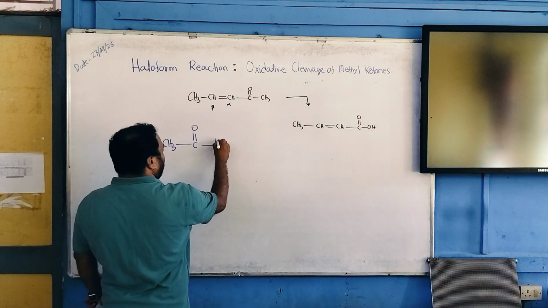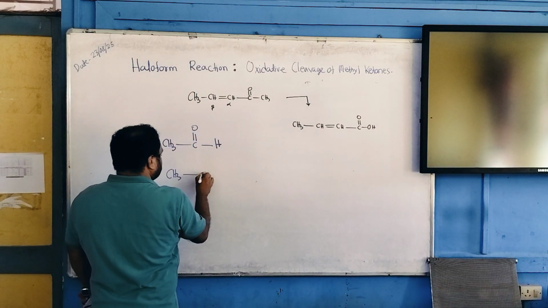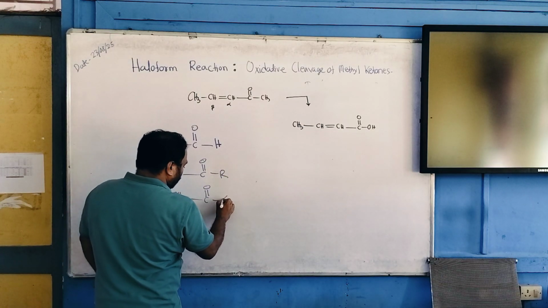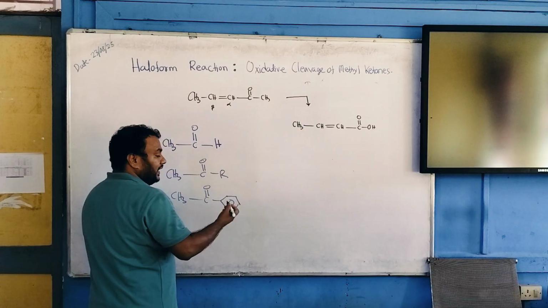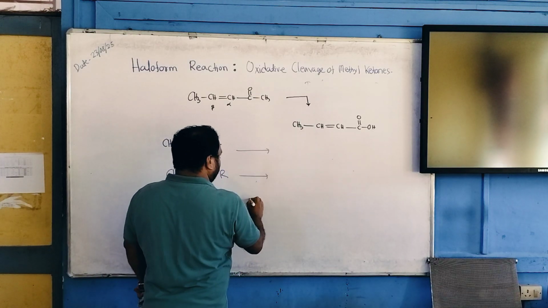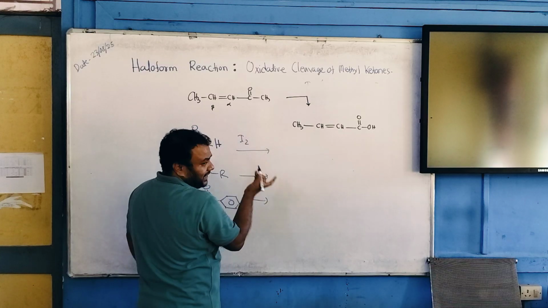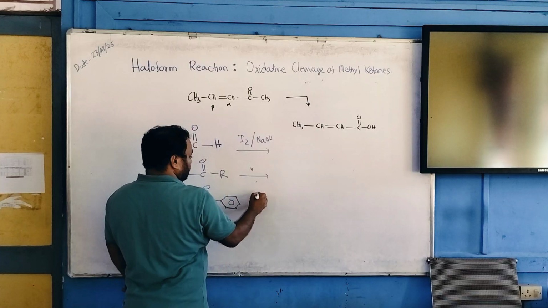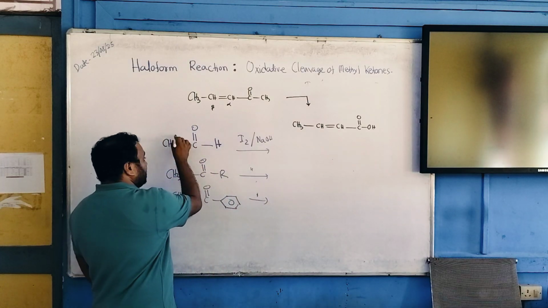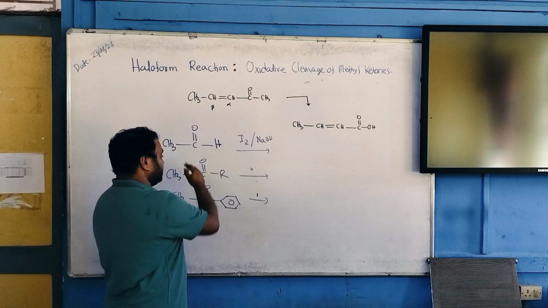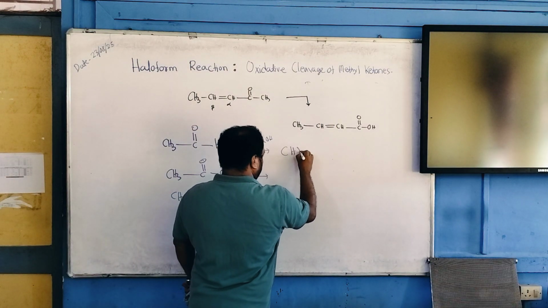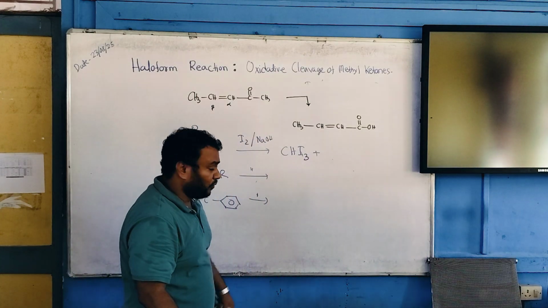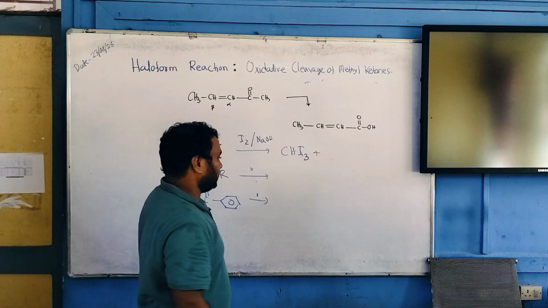If it is connected to a hydrogen or any alkyl group or any aryl group, like phenyl group, then in presence of excess halogen, like let's say I will take iodine, and strong alkali, both should be in excess, what will happen? This methyl part, that's why ketomethyl, will be converted into CHI3. If you are taking another halogen like chlorine or bromine, you will get CHCl3 or CHBr3.